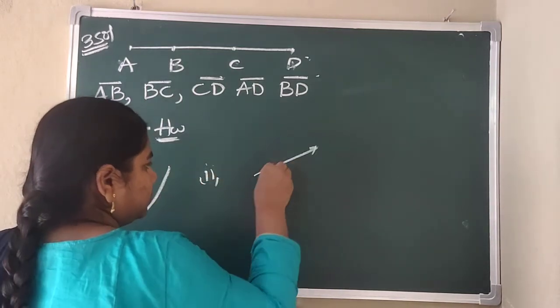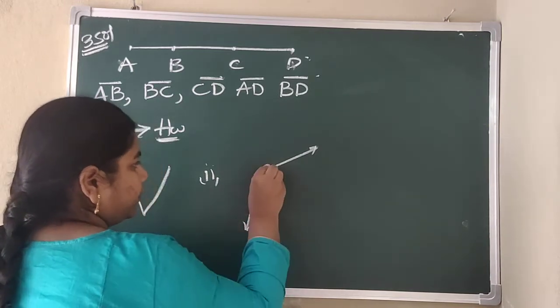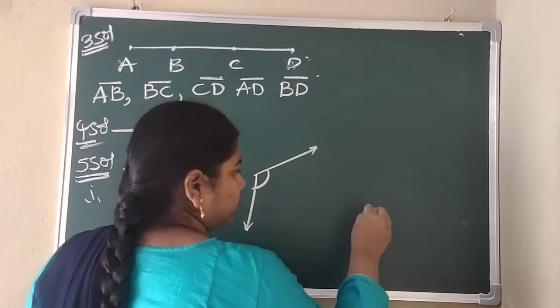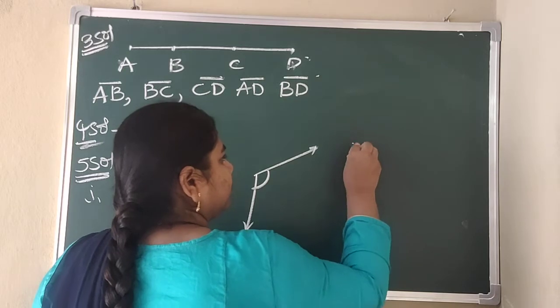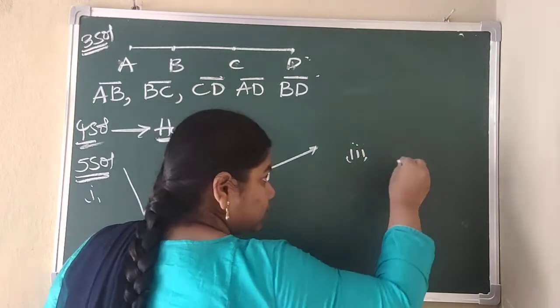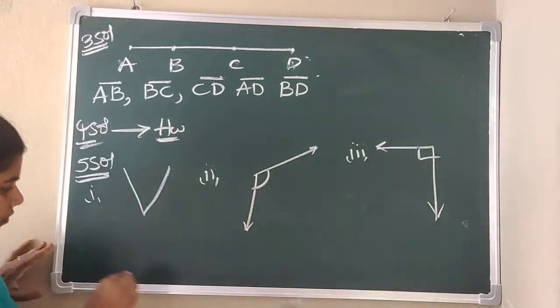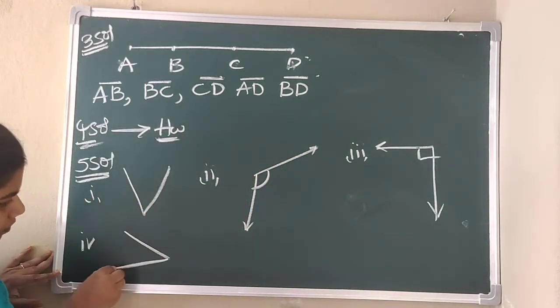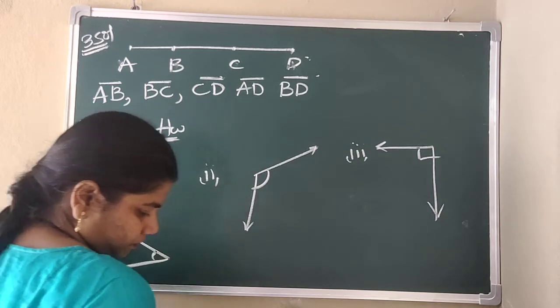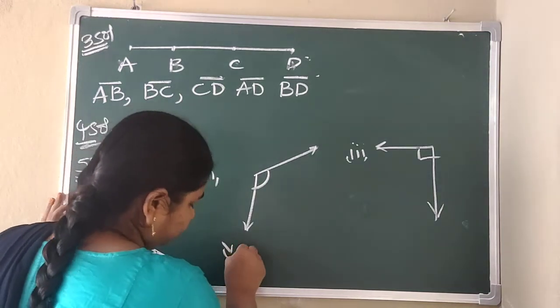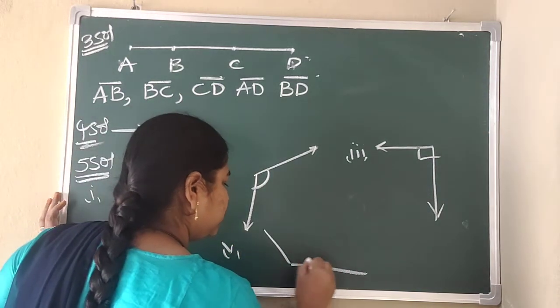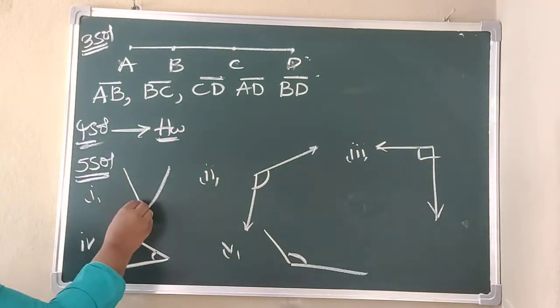The second one is in this way. Third is like this. Fourth, this. So we have to write the angle names here.